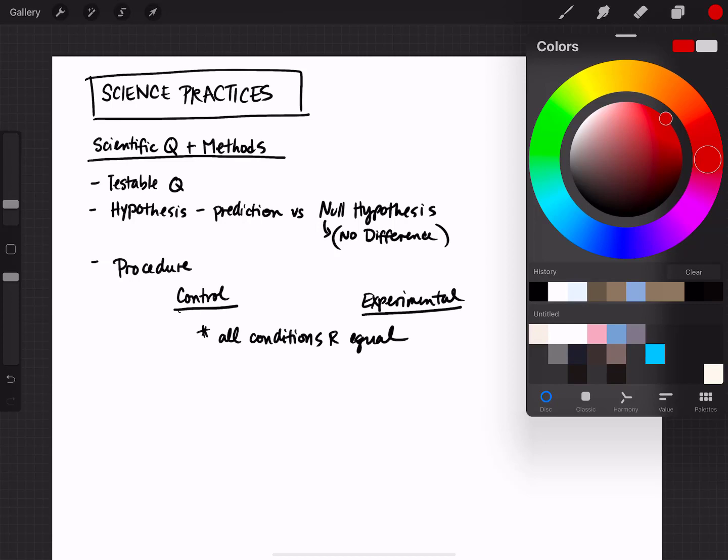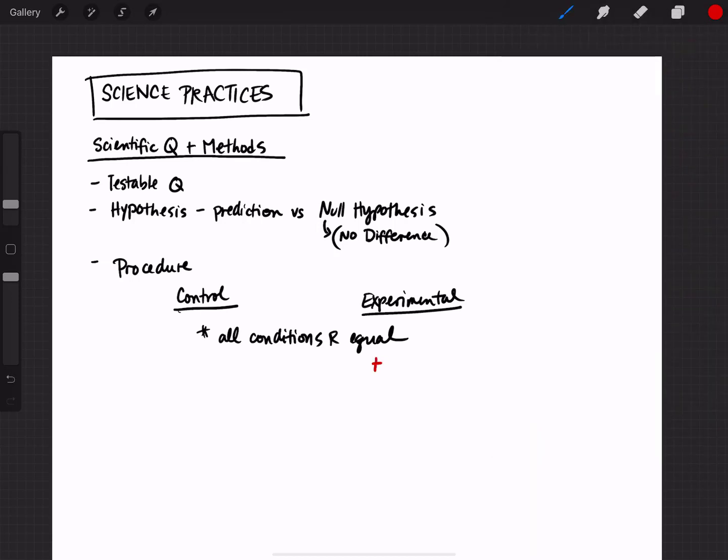So for example, if I'm testing the effect of temperature on cellular respiration of germinating seeds, you got to make sure that all other variables besides temperature are the same for those groups. For the experimental group, you have to then add a variable that you are testing.